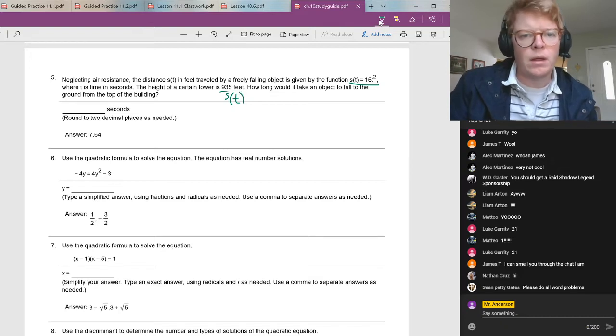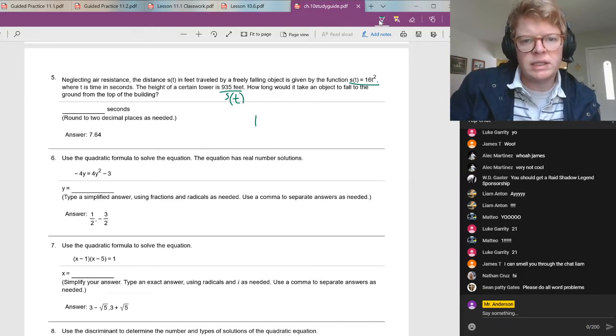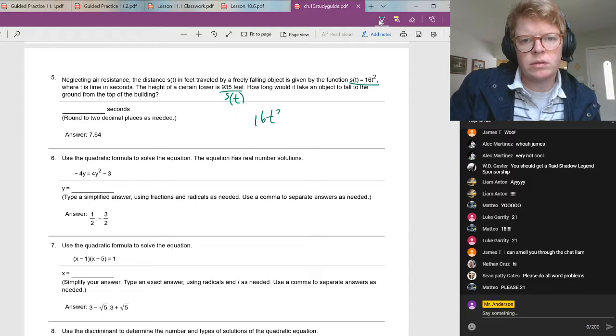Okay, all right, so we're going to do 16 t squared equals 935. We're going to divide by 16.